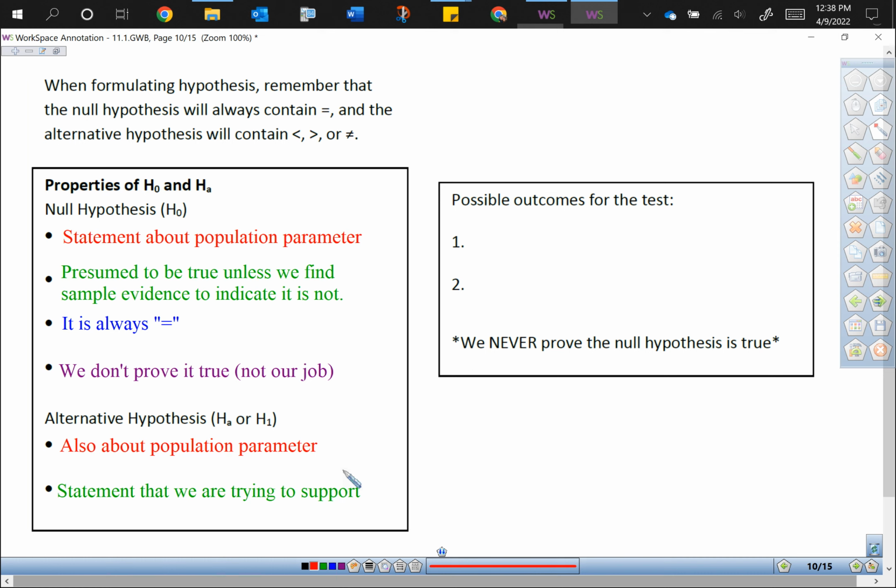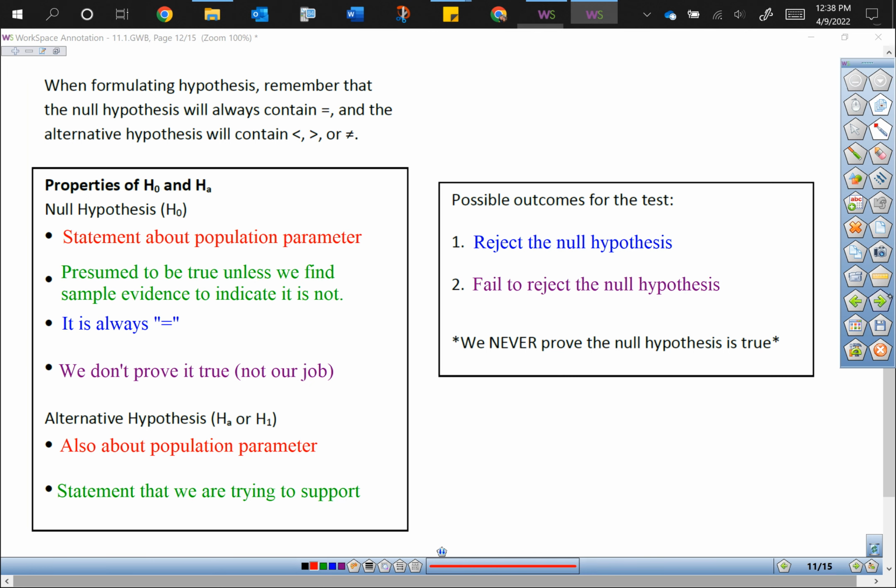That's the alternative hypothesis. Now, when it comes to a hypothesis test, there are only 2 possible outcomes for this test. The first possible outcome is reject the null hypothesis, meaning that we do not accept it, we reject it, that's not going to work out. Or our second option is fail to reject the null hypothesis. Again, we never prove the null hypothesis is true.